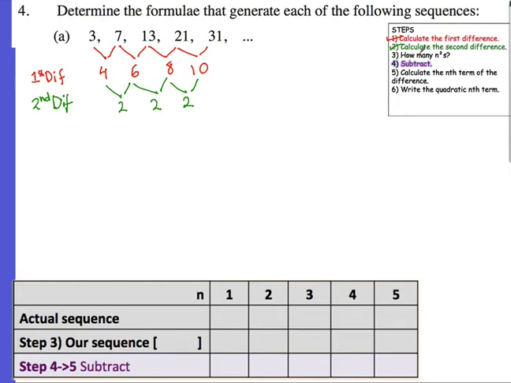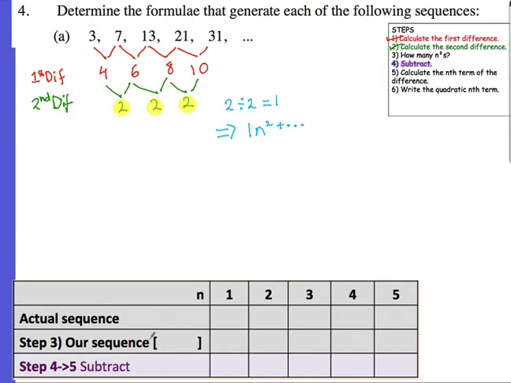How many n's is our next step? Well, if you remember from the general formula of a quadratic and its sequence, we need to halve the second difference. So 2 divided by 2, which gives us 1. This implies our sequence is 1n squared plus something that we don't know yet.